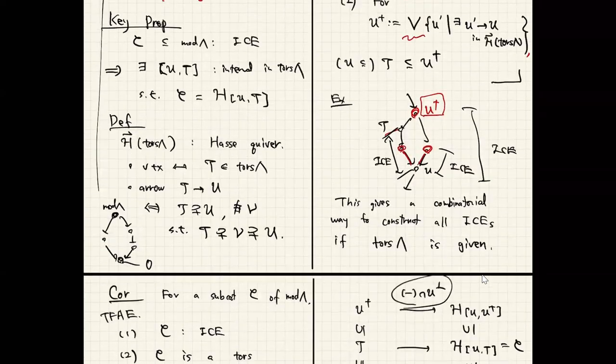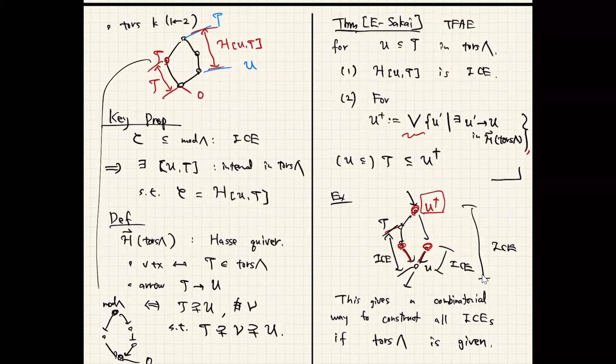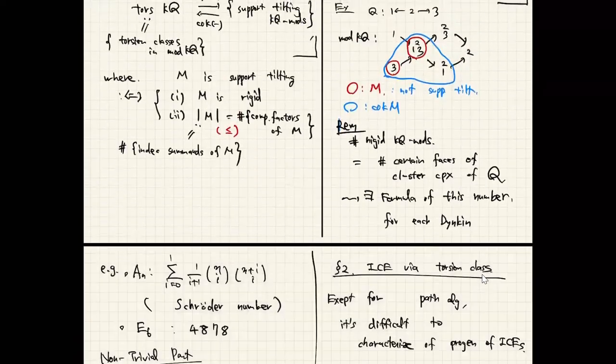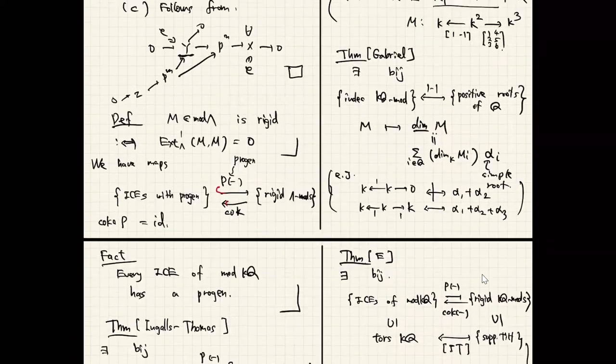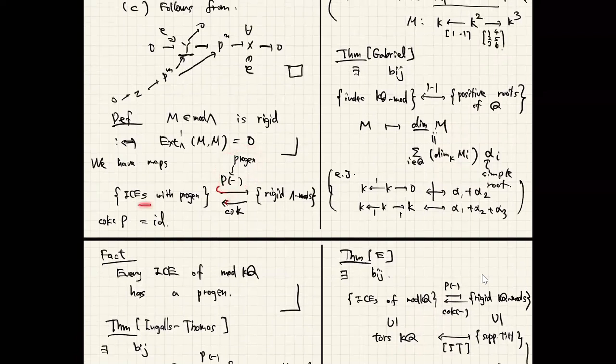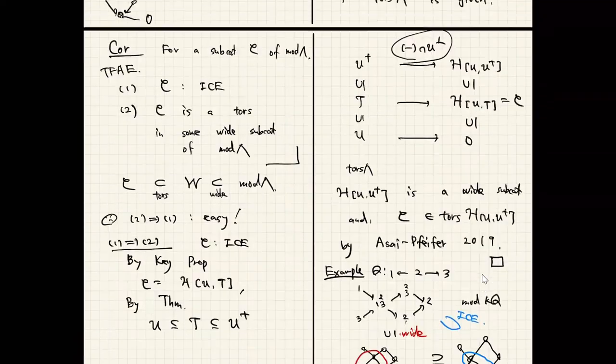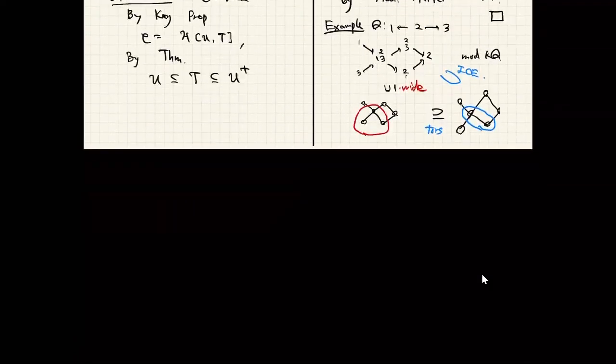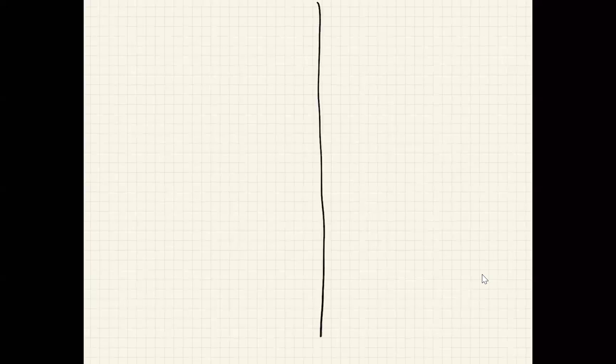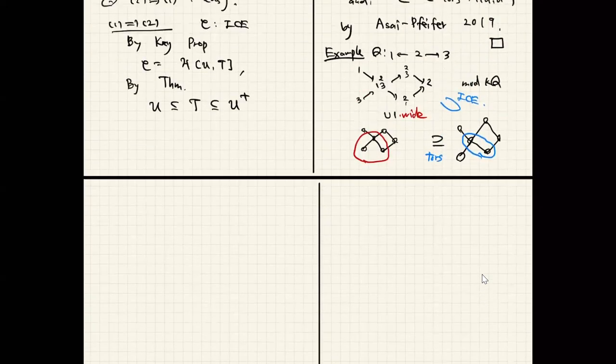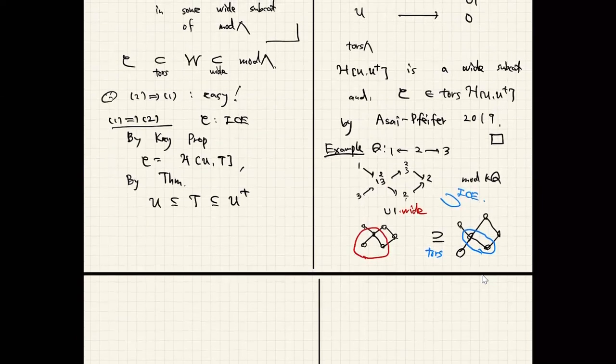And this theorem gives a way to construct all ICE-closed subcategories, but recall that we are considering progenerators of ICE-closed subcategories. And this doesn't say anything about progenerators of ICE-closed subcategories, and this is what I want to talk about in the next 15 minutes.